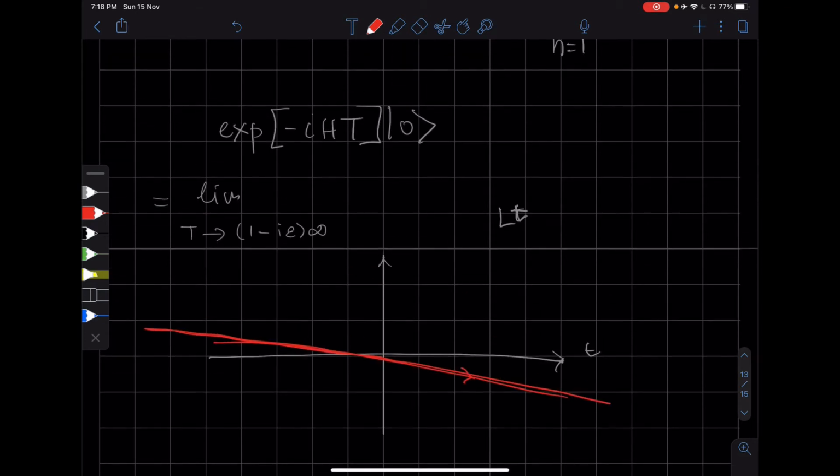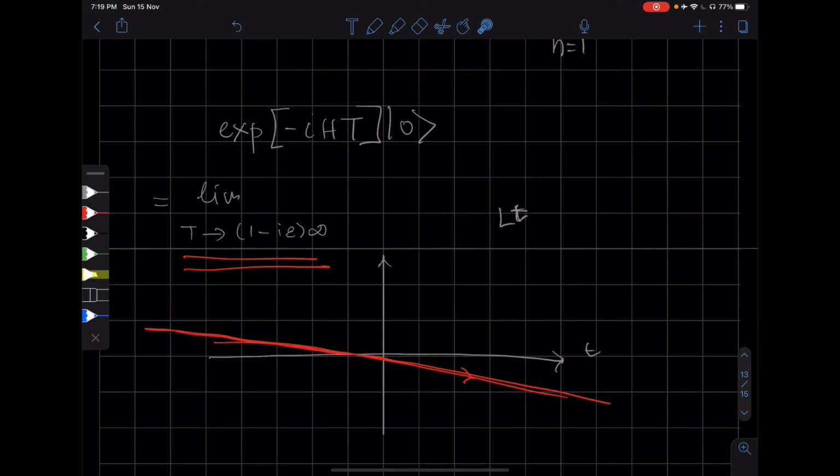So we take this limit, and it's a formal limit that doesn't necessarily have a physical interpretation, but it does something very nice for us, and let's see what that is.